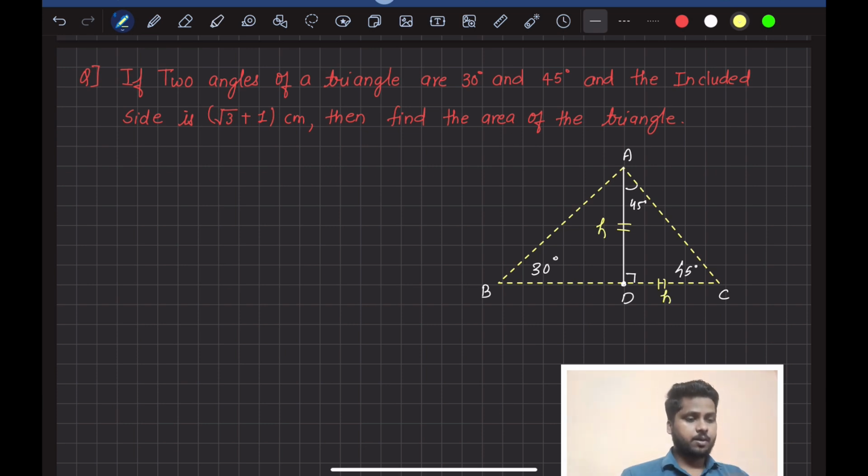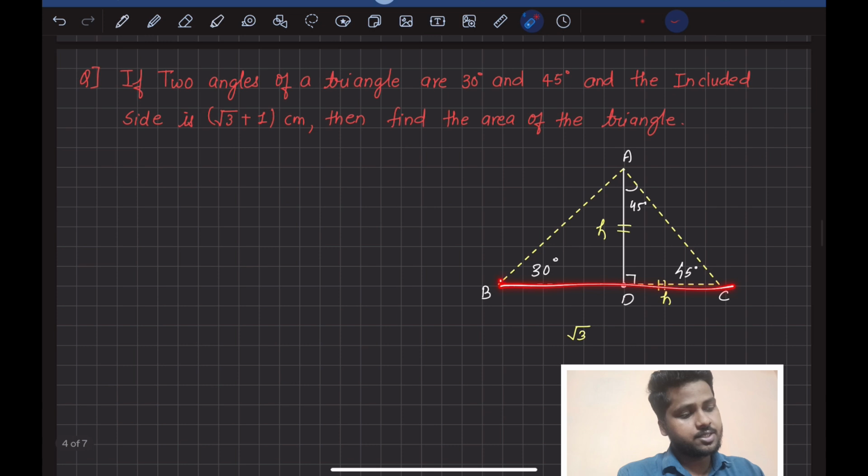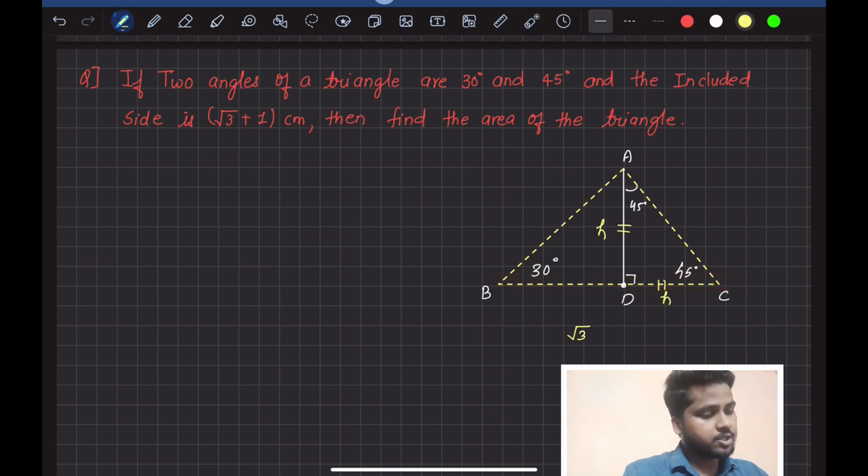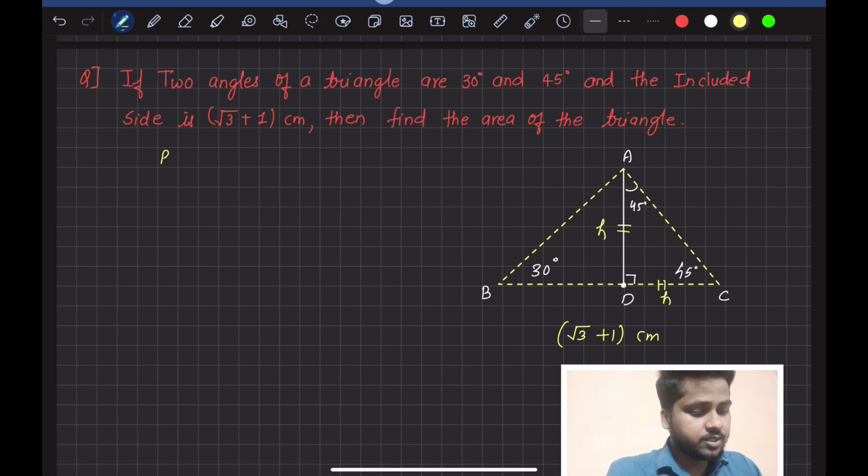Understanding? Okay, next, the included side is given. It means this BC value is given, included side BC is given, so it is root 3 plus 1 centimeter, I am writing here. Now if the total is root 3 plus 1, then what is the value of BD, my dear students? BD is equal to BC minus DC.